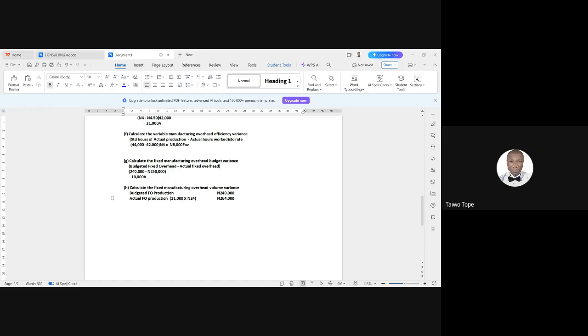So also you can look at it in terms of hours, just as I've said. You can solve this in another way. Based on hours, your standard hours produced is what?